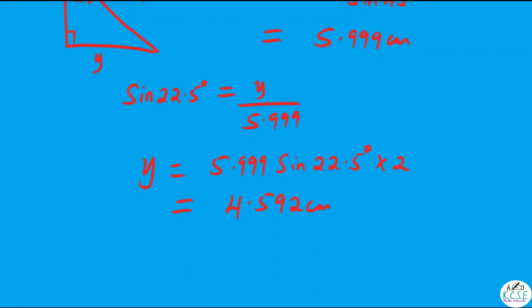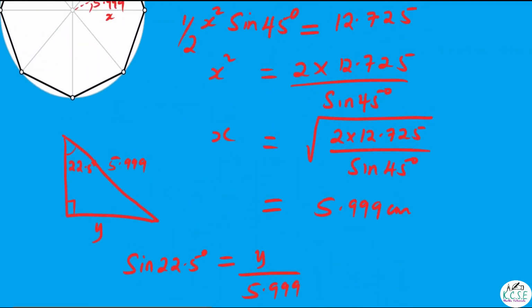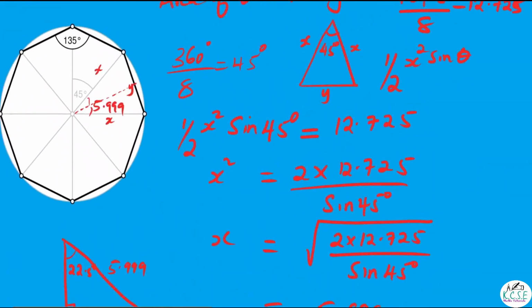And the reason you're multiplying it by 2, the whole of this, is because when you divide this triangle, this is the side that you obtain. You obtain this one as 2.296. So this one will give 2.296. That is why I've multiplied by 2 to get the whole of this side.